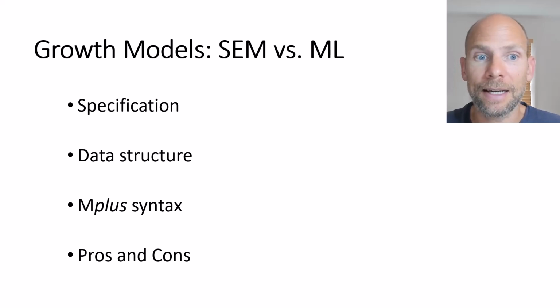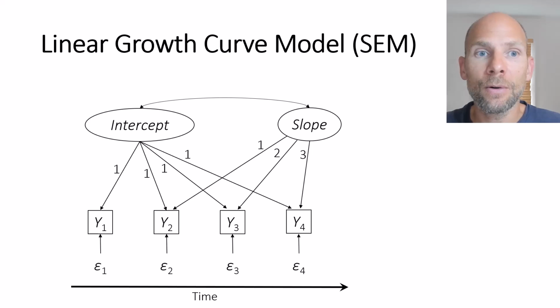So let's get started and let's talk about the specification first, starting with a growth curve model in the structural equation modeling framework. Here I have a simple growth curve model that assumes linear growth. In this model, I have 4 time points that are represented by observed variables y1 through y4 in boxes below.